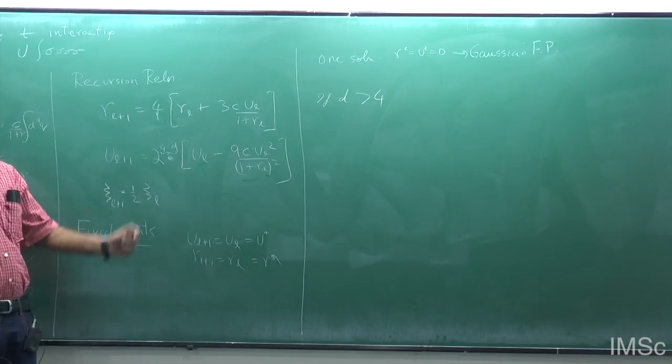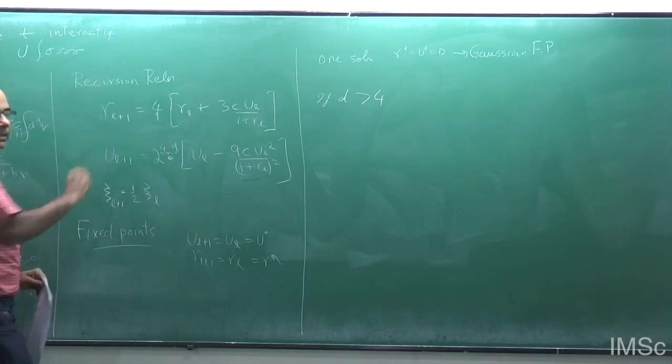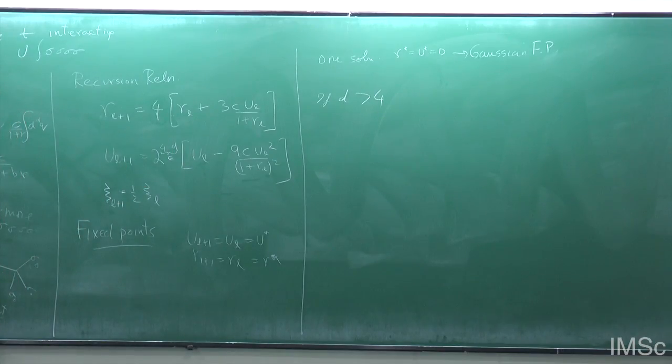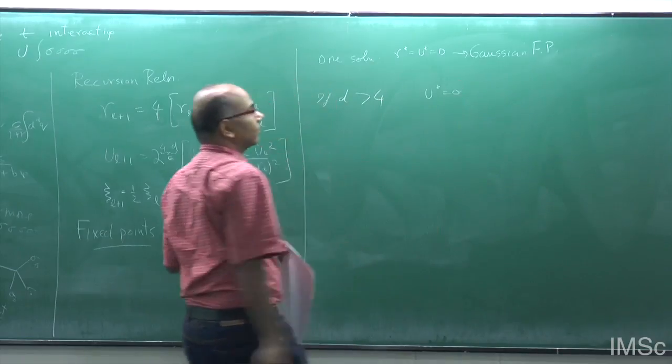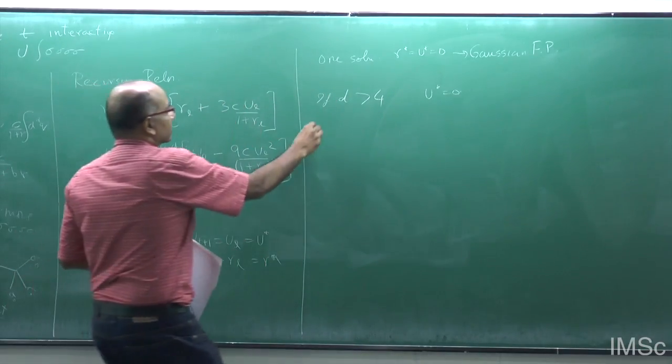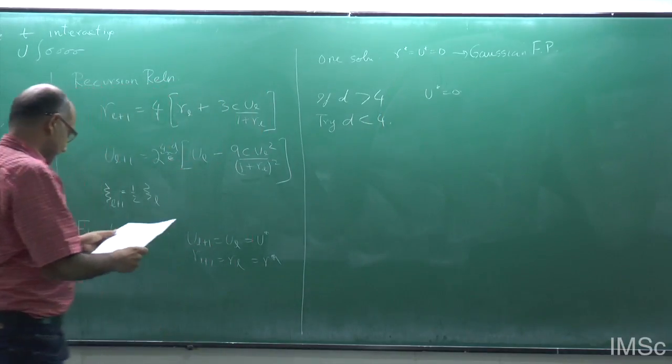So each time it will go and it will end up at 0. So you won't find a fixed point if d is greater than 4. If you want a non-zero value of u, you have to have d less than 4. So try d less than 4. And then we solved it.